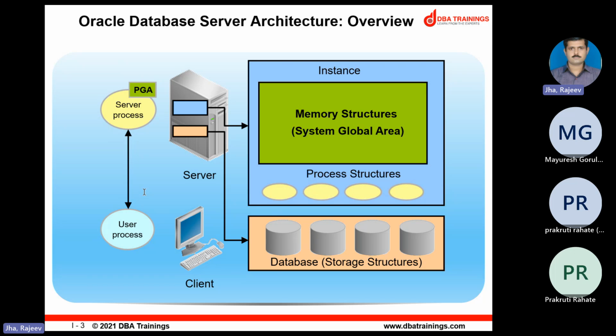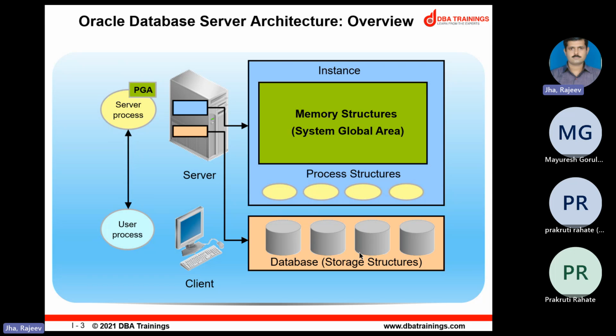There are three major structures in the Oracle database server. You can see here, one is called the memory structure, another is called the process structure, and the third one is called the storage structure. These three are the main components in my database.